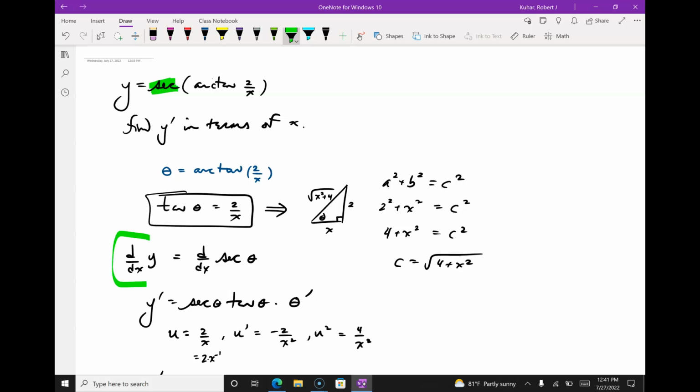Everything I'm doing up to that point is setting up the problem, setting up that triangle. You did this a lot in your trig class, in your pre-calc class. You set up triangles. Question?